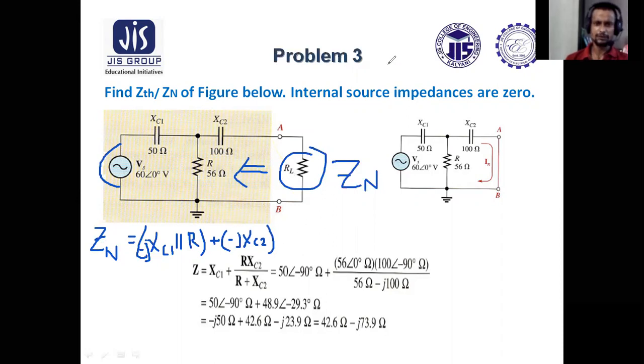So I'm not going into details of this. In the last problem, we solved almost the same problem.